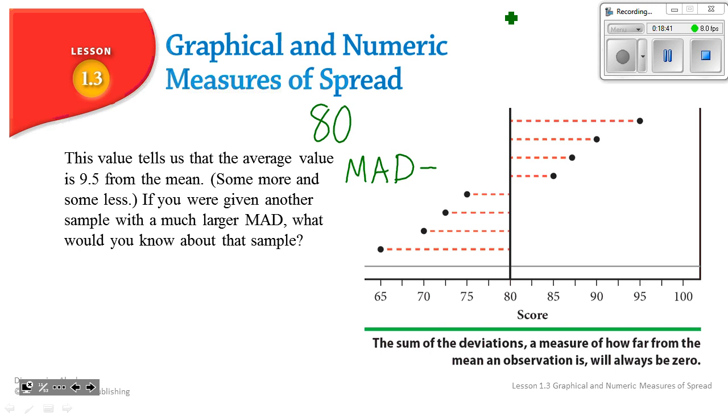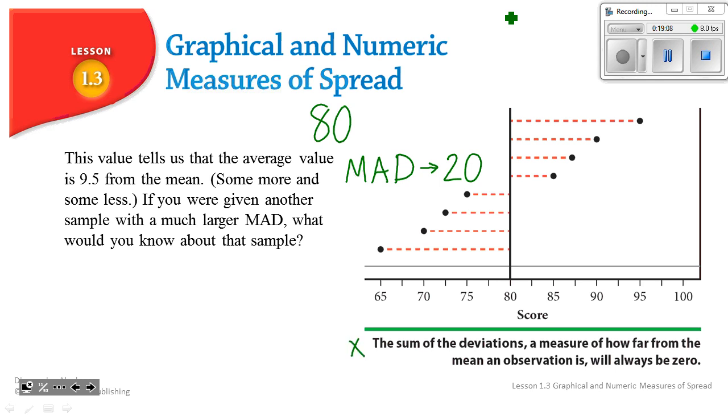What if our mean absolute deviation in this case was 20? So what would that tell us about the data if our mean absolute deviation was much larger? Okay, I could maybe say they're much more spread out from that mean if I have a larger mean absolute deviation. So that can tell us some other things as well.